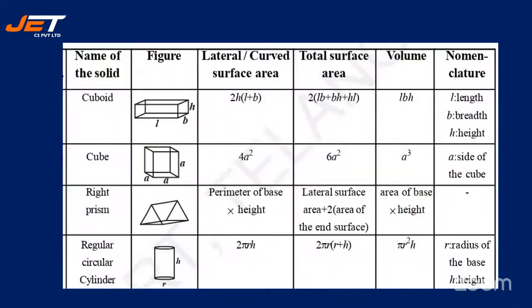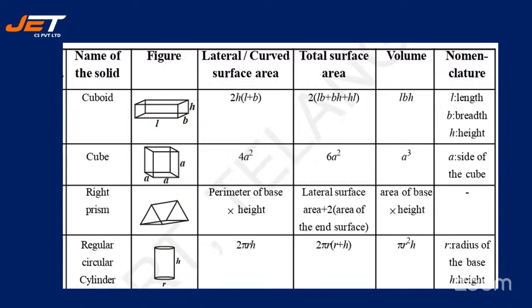Now let's quickly revise these formulas. I feel that you should always take down these formulas and put them on your study table so that every day you will see these formulas and then you will get them by heart. Okay, children? Now for the cuboid, you can see the figure, how a cuboid looks. What is the curved surface area of the cuboid? 2h into (l plus b).